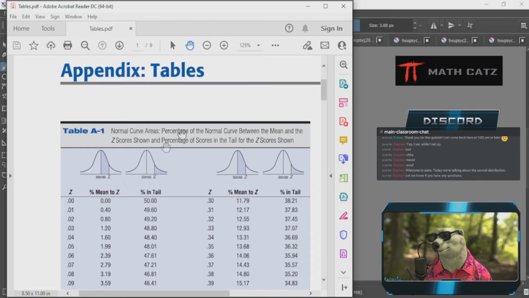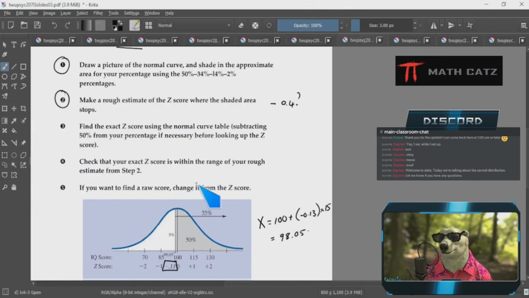It's not a big deal. Because I have this symmetry, I can always exploit the symmetry. Then, find the exact z-score using the table from your percentage. And we chose to look at the 5% sliver because the table needed that and it didn't give us a section bigger than 50%.